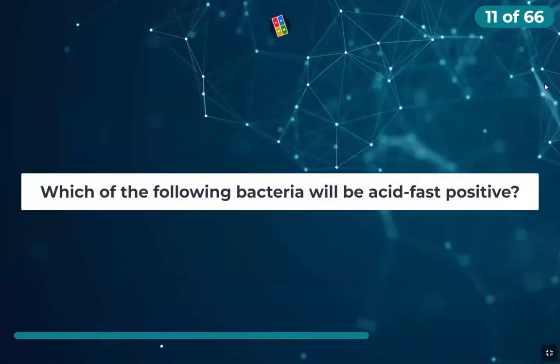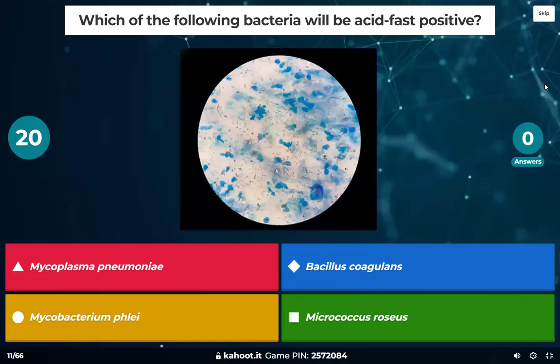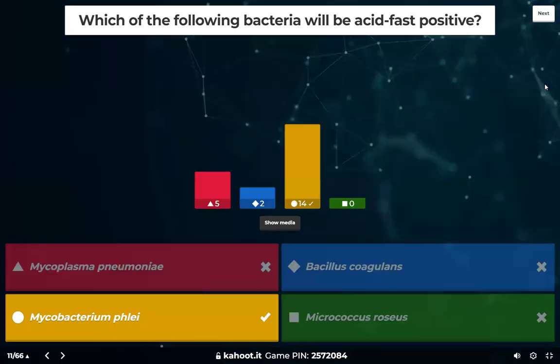Which of the following bacteria will be acid-fast positive based on their names? And this is an image of an acid-fast stain that is positive. Okay, so this is Mycobacterium leprae.